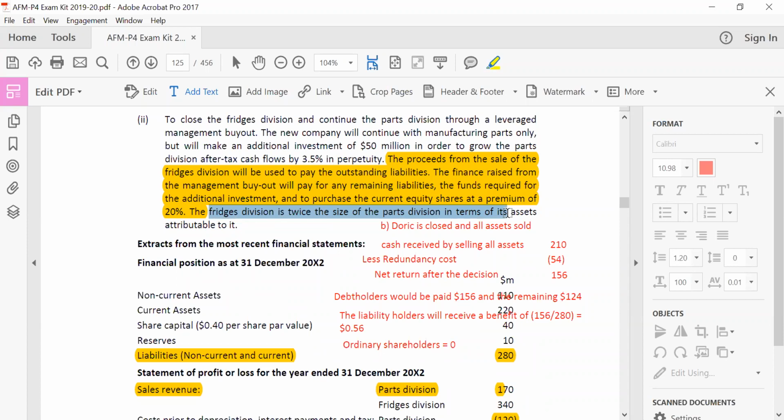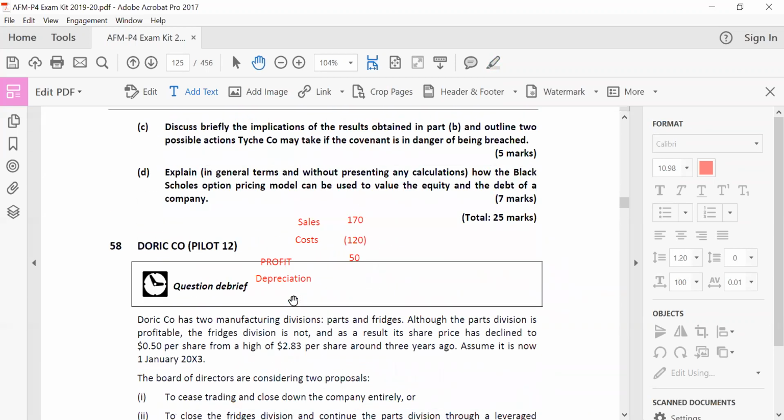So if the parts division is X, the fridges division will be 2X. If the parts division is 1, the fridges division will be 2, giving us 3 in total. So 2/3 is attributable to the fridge and 1/3 to the parts. The company is now left with the parts, so the part is 1/3.